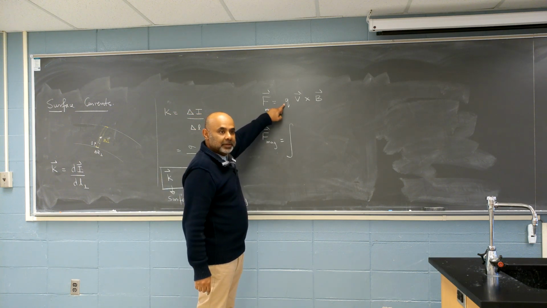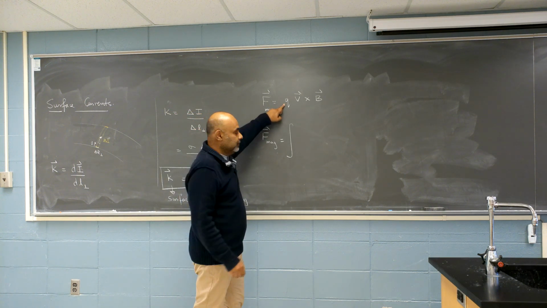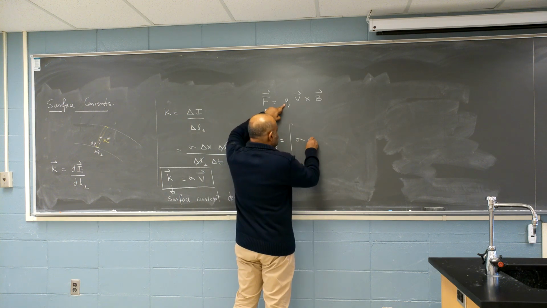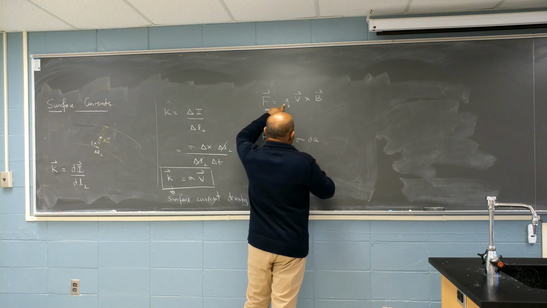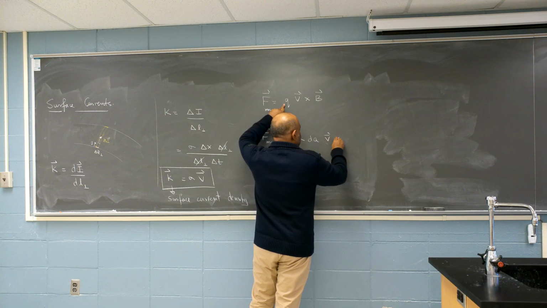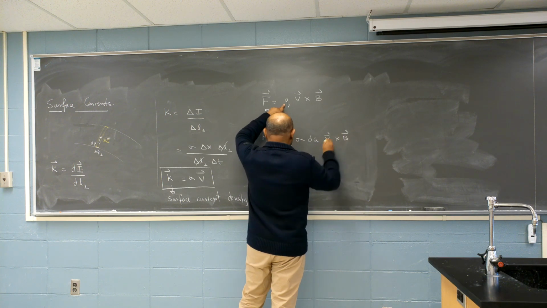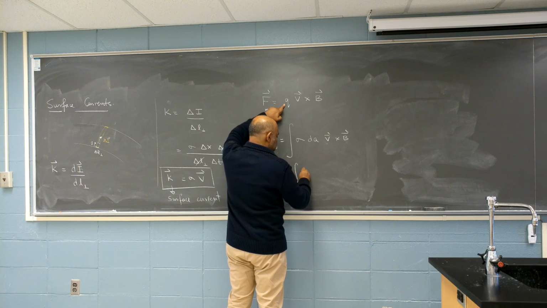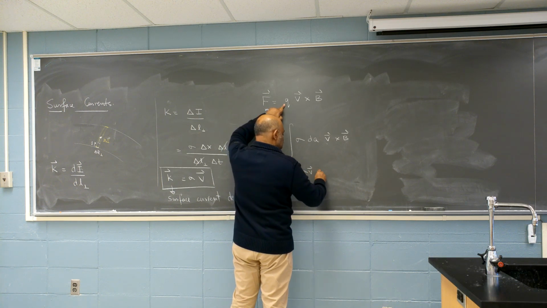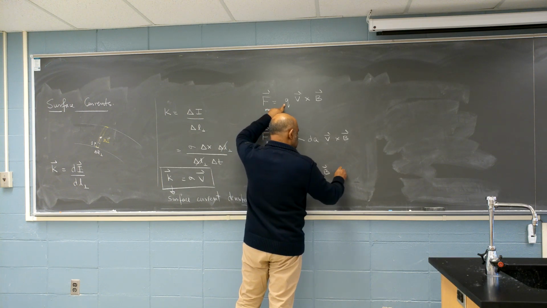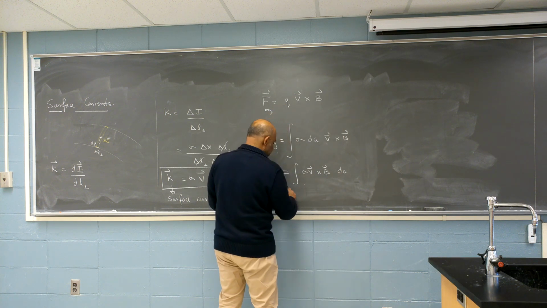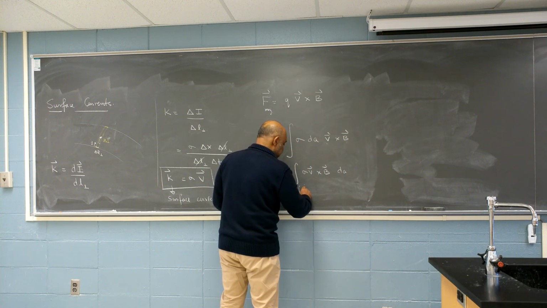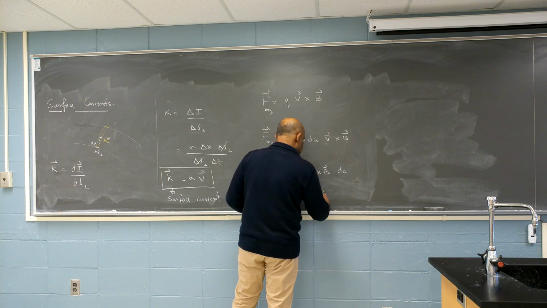Q becomes sigma dA. V cross B, or we get the analog, let me do it one more step, K cross B dA.